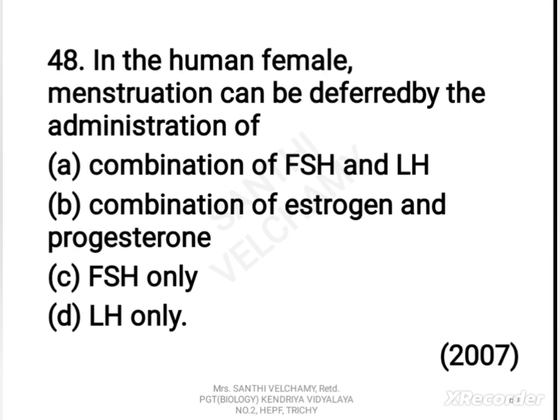In human female, menstruation can be deferred by the administration of A. Combination of FSH and LH. B. Combination of estrogen and progesterone. C. FSH only. D. LH only. The correct answer is B. Combination of estrogen and progesterone.